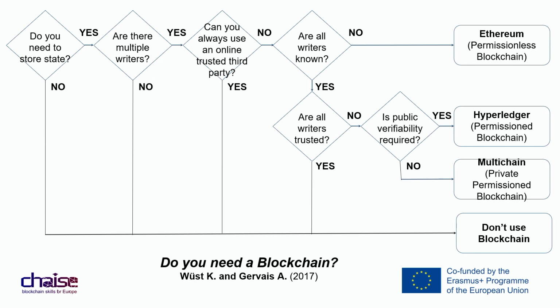If yes, then of course you need a permissioned blockchain where some permissioned nodes perform this consensus mechanism. But if public verifiability is not required, you can use a private permissioned blockchain where one single authority acts as a verifier in the decentralized environment, for instance in the multi-chain concept.